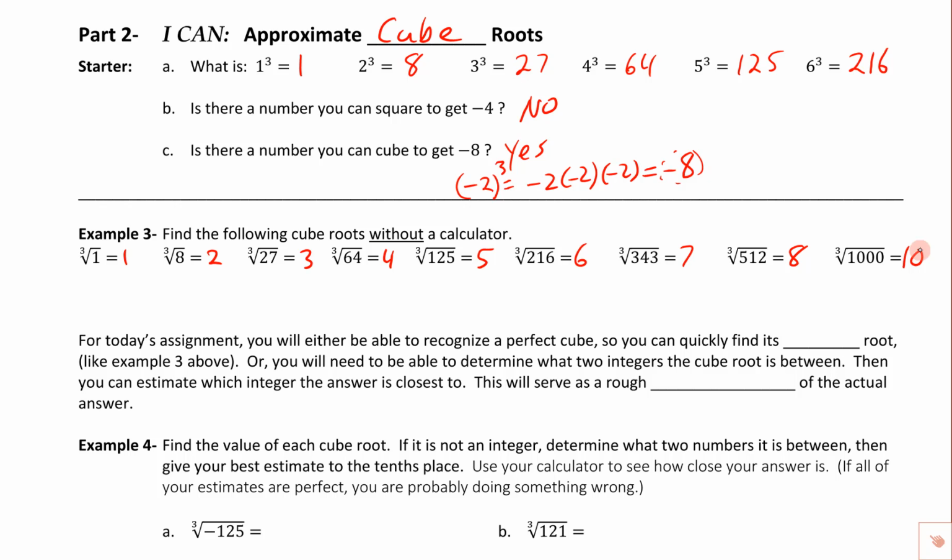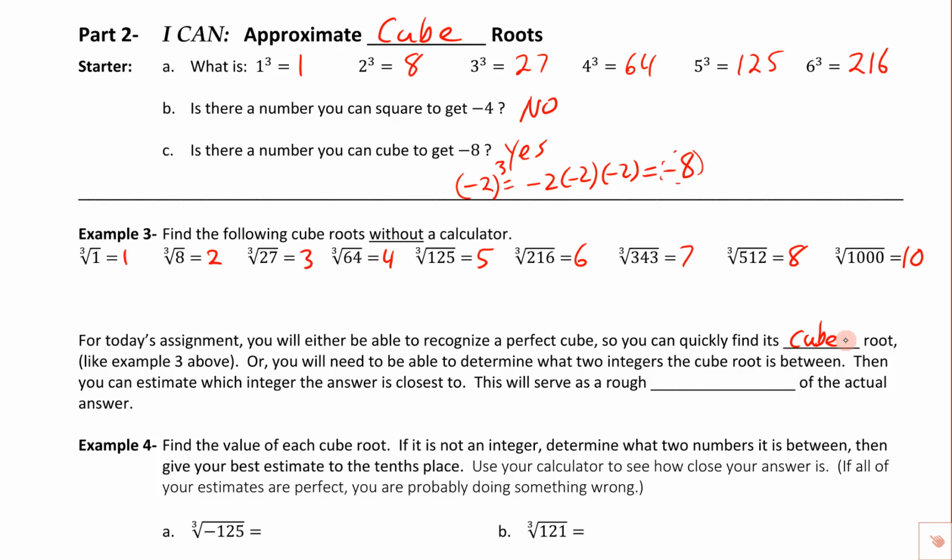Okay, now for today's assignment, you've either got to be able to recognize one of these perfect cubes that are listed up here, and maybe even 9 cubed, which is 729, so that you can find its cube root very quickly. Or you're going to need to be able to figure out what two numbers it would be between.